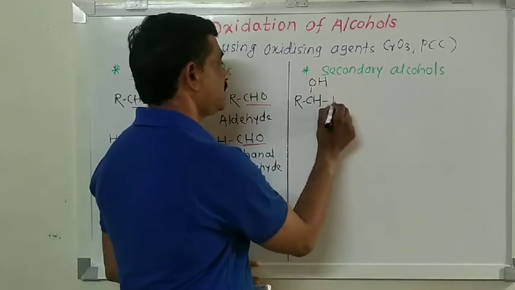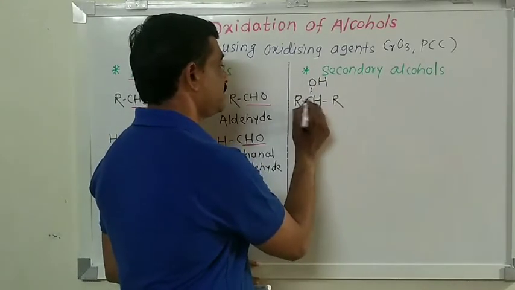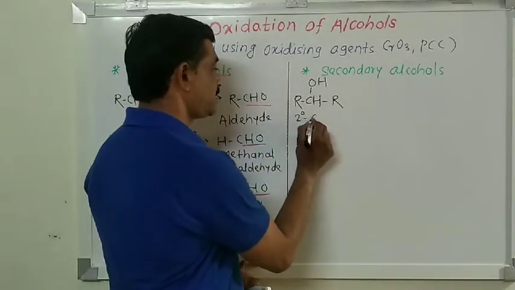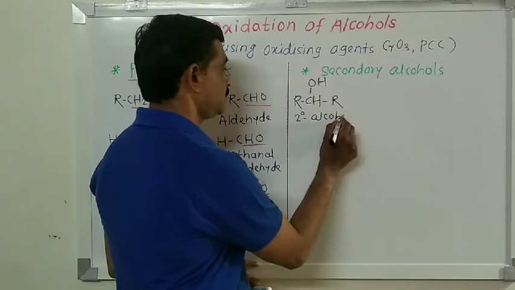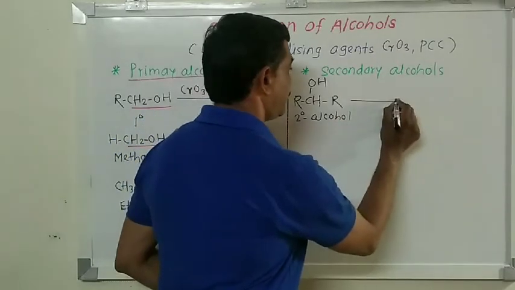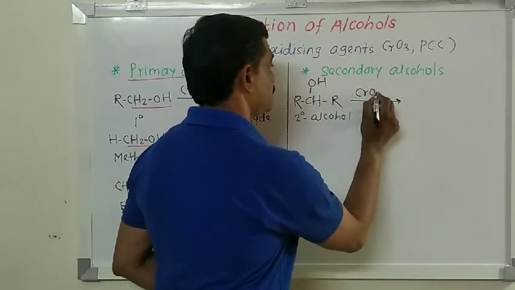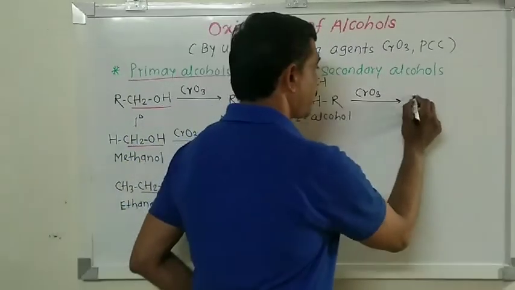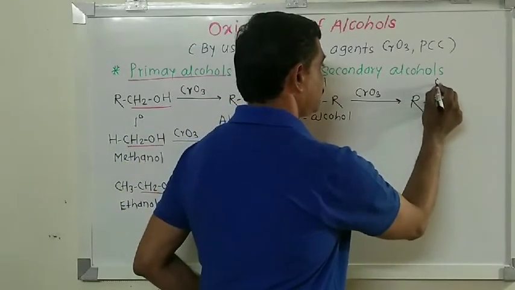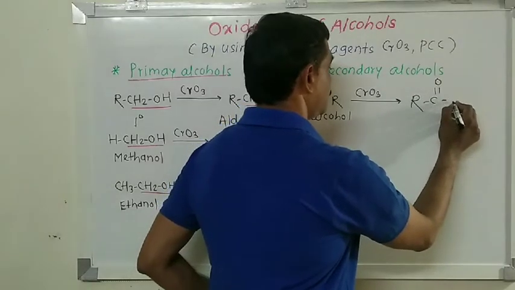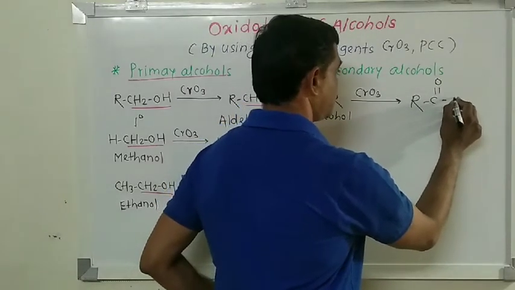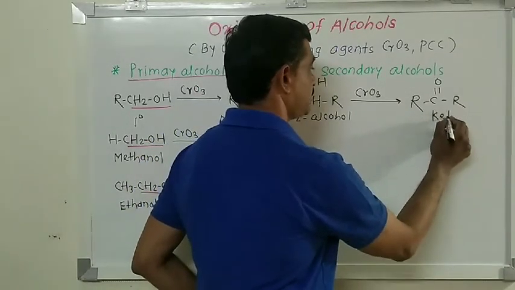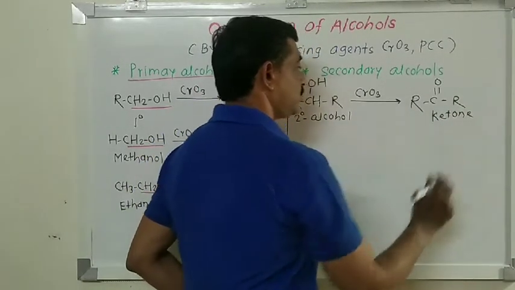Secondary alcohols are generally represented as RCHOHR. They are secondary alcohols. When they are reacted with chromium anhydride or PCC, then we get the product as a ketone.